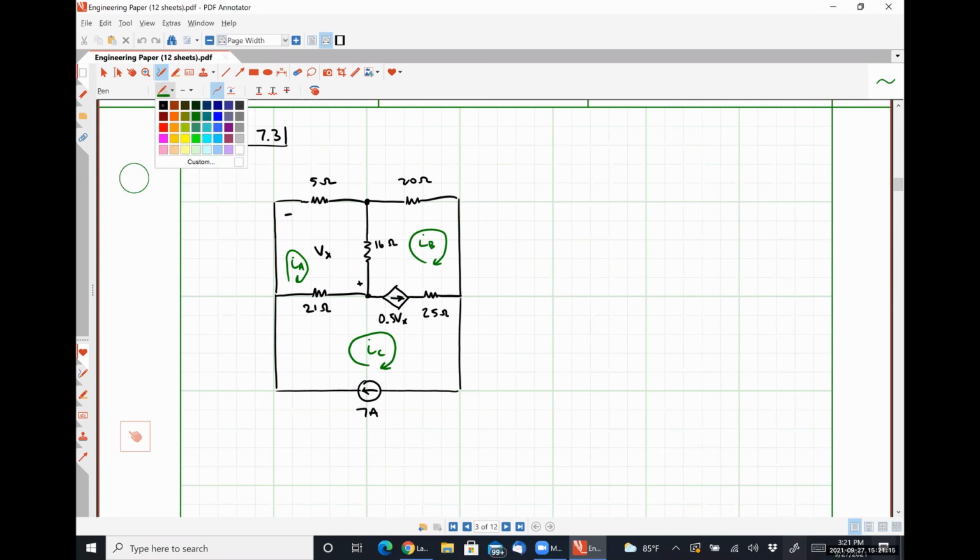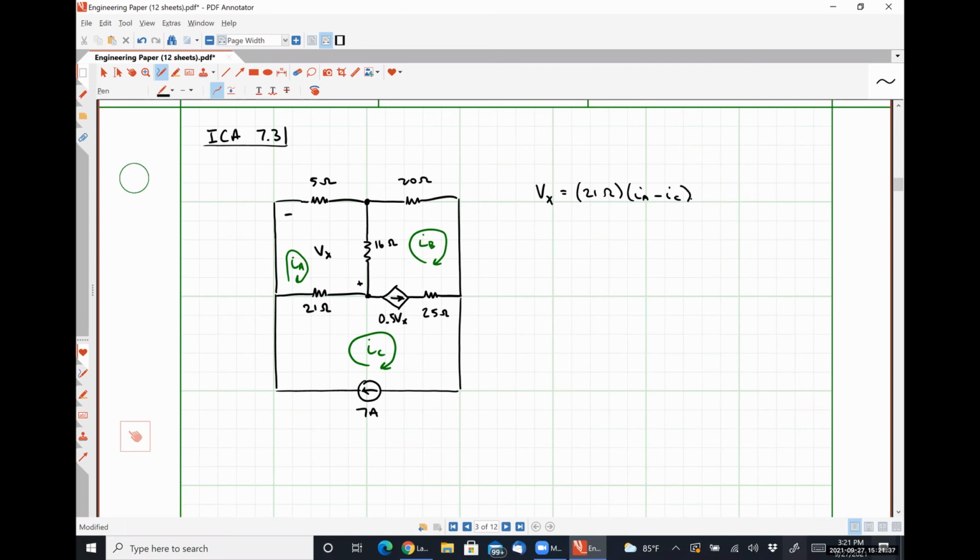So our correct expression for determining Vx should be 21 ohms, and then IA is flowing into the positive polarity terminal, and IC is flowing into the negative polarity terminal. So it's IA minus IC.